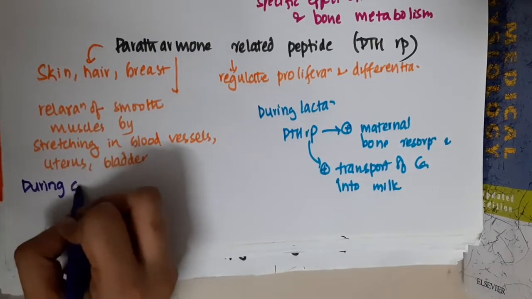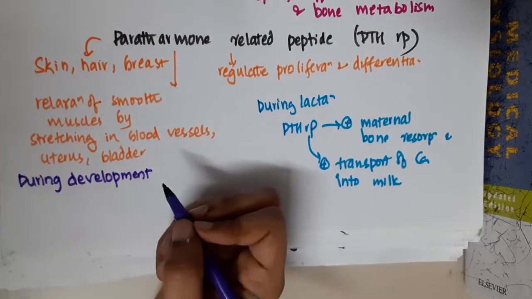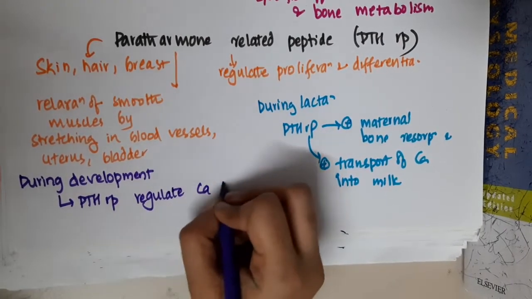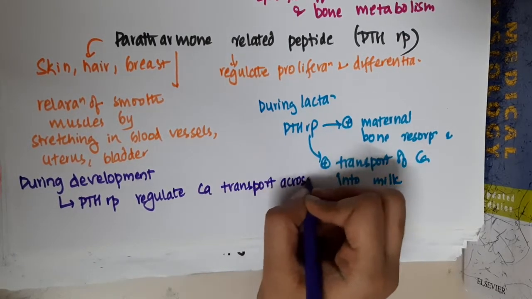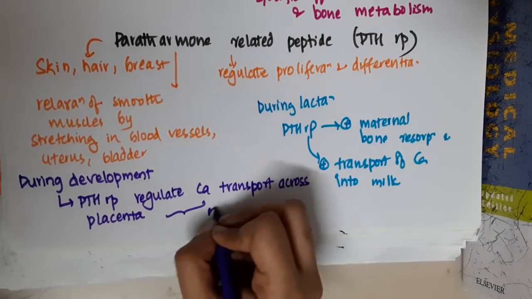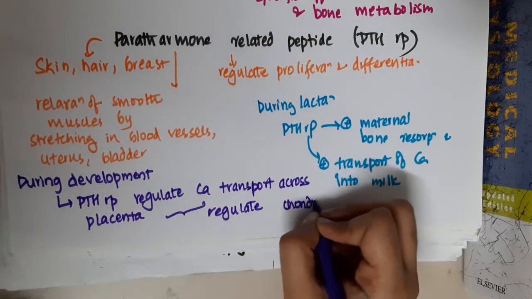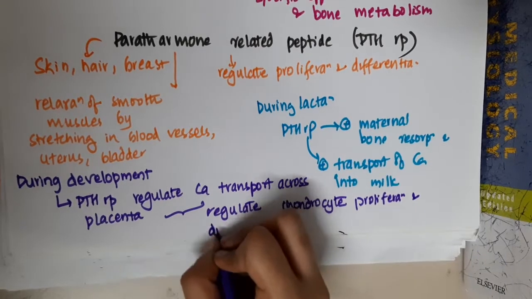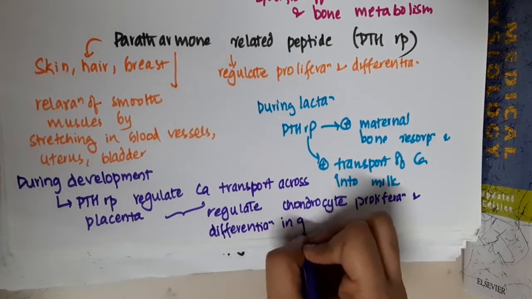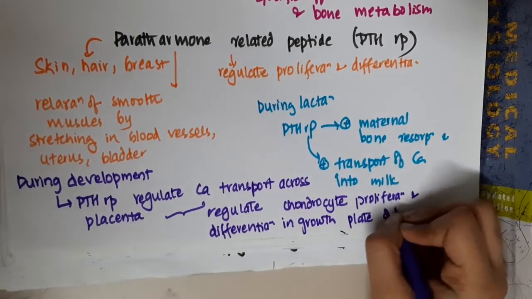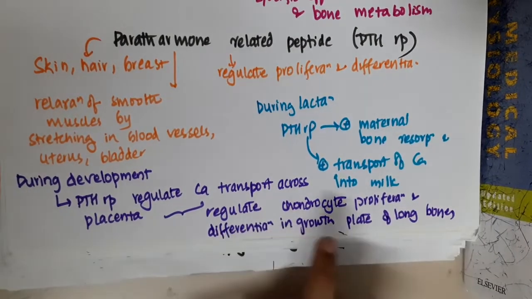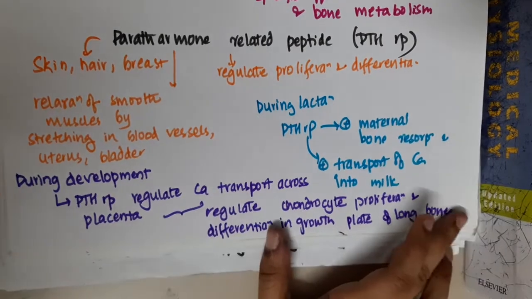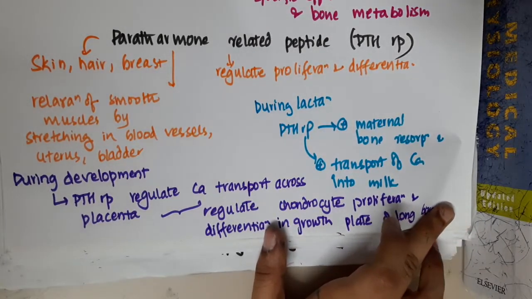And if you see during development, this parathormone related peptide will regulate calcium transport across the placenta, and it will regulate chondrocyte proliferation and differentiation in growth plates of long bones. That is during development.